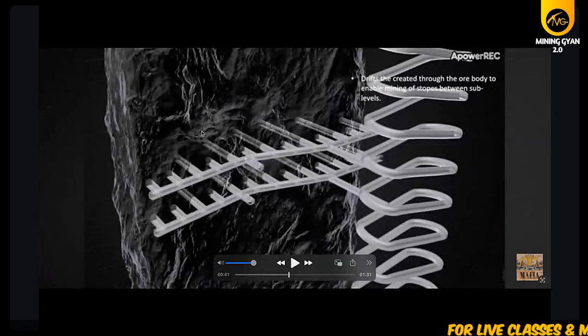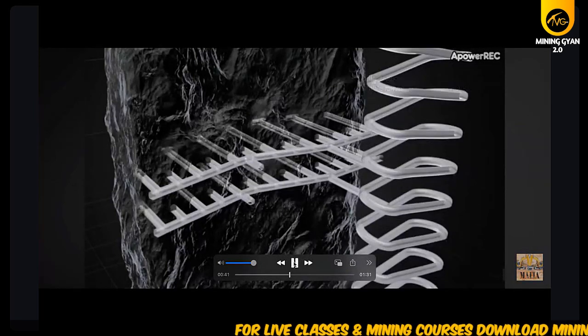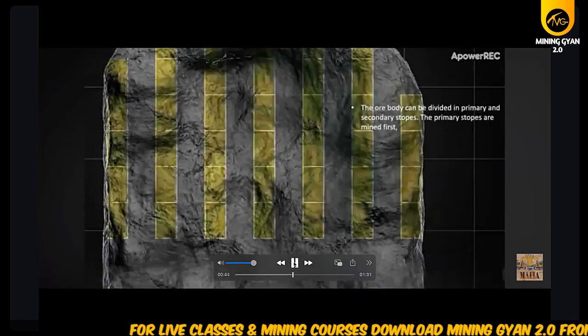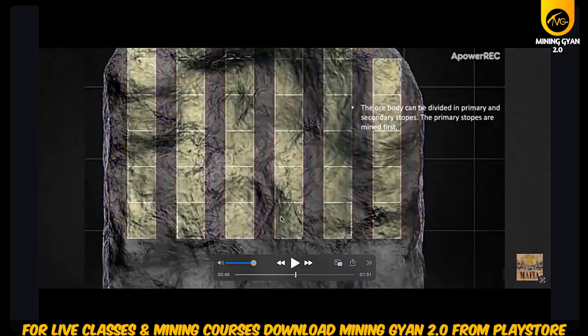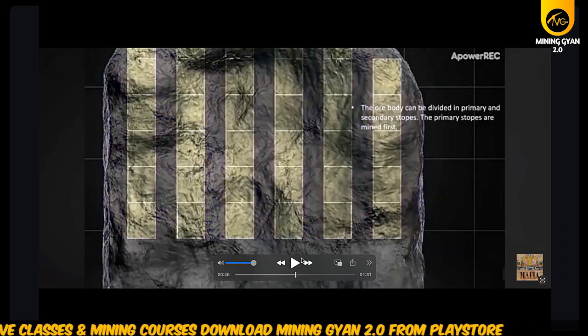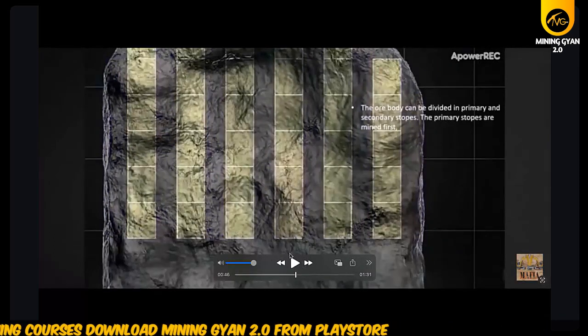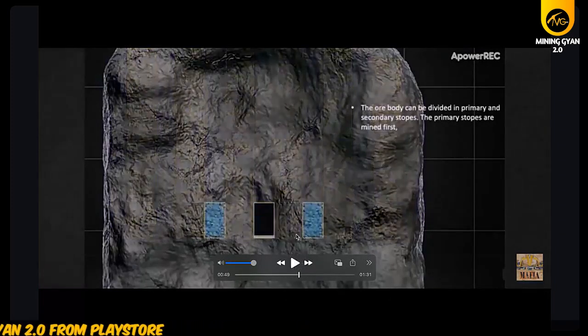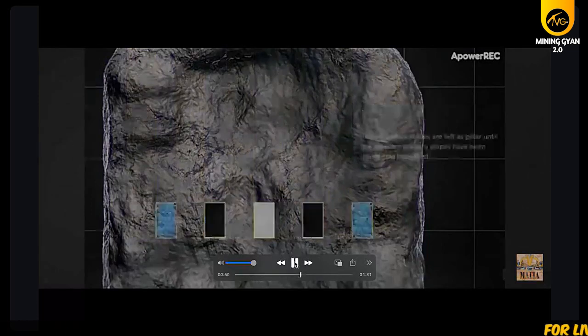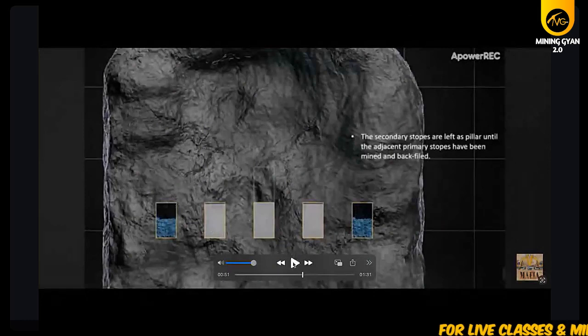And this is your drifts which will pass through your ore. The ore body can be divided into primary stopes and secondary stopes. These are your primary stopes, which are alternate, and this is your secondary stope. Primary stope will be first mined or excavated, and then you will fill with the paste filling.